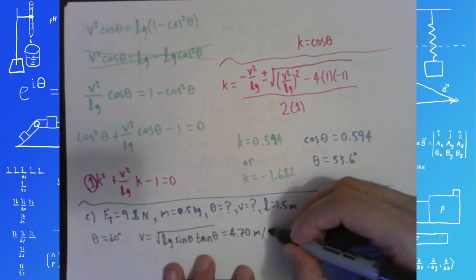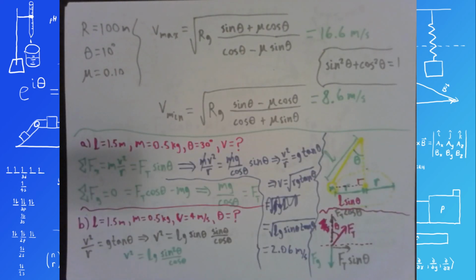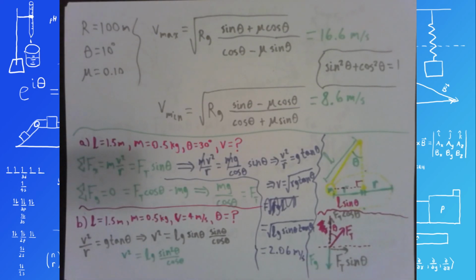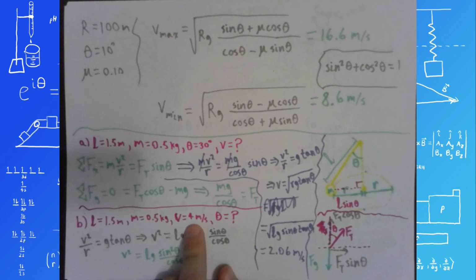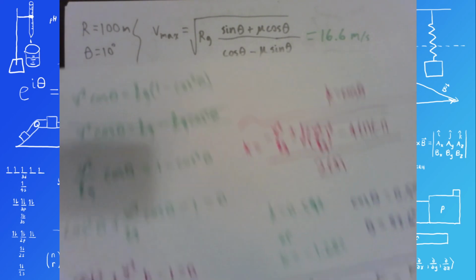4.70 meters per second, which is more than twice as much as what we got here, and still higher than the speed we were given in part B. So at least it's consistent with the previous parts.